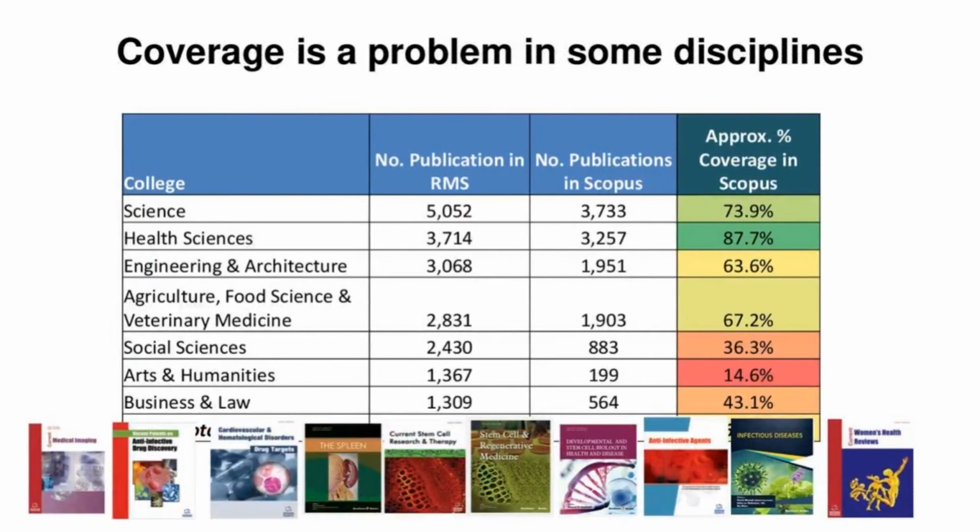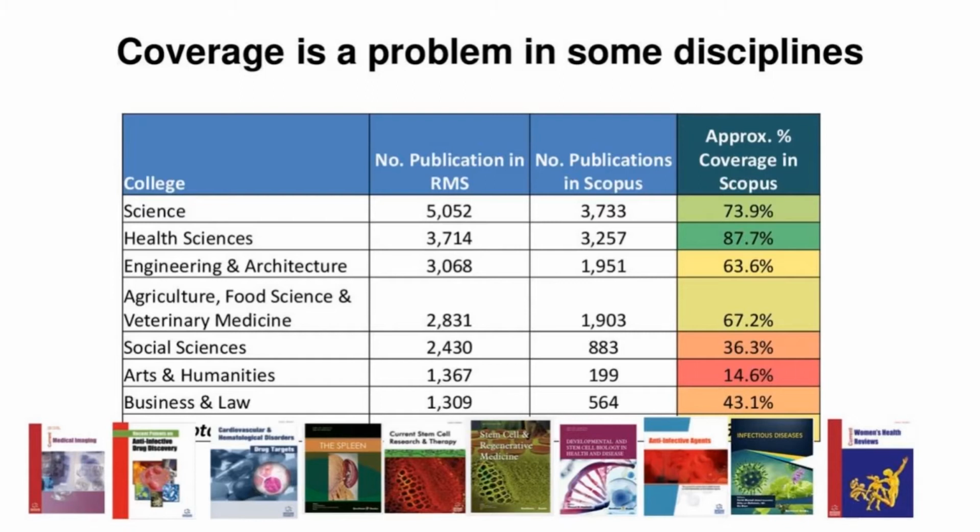Coverage, of course, is a problem in some disciplines, and many people who work in the arts and humanities, social sciences, HSS subjects, humanities and social sciences, complain about the use of these metrics because, of course, as you can see here, citation indices for journals are based on coverage in the major publication databases like Web of Science and Scopus.